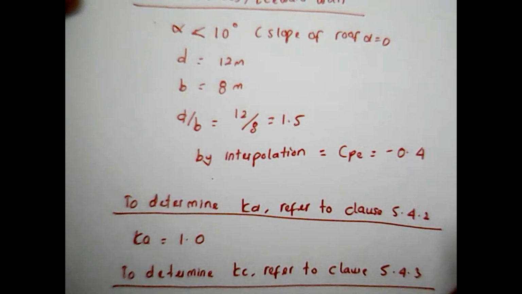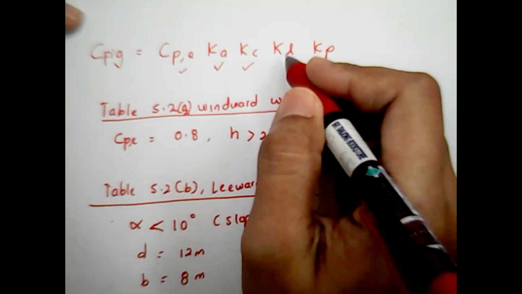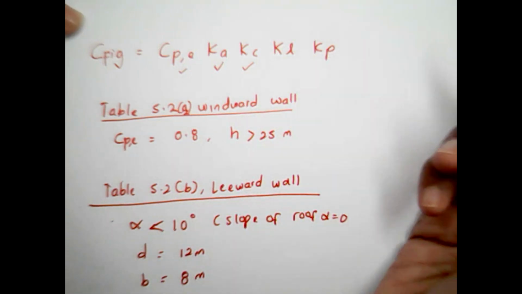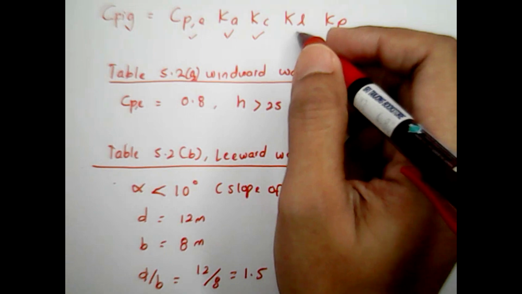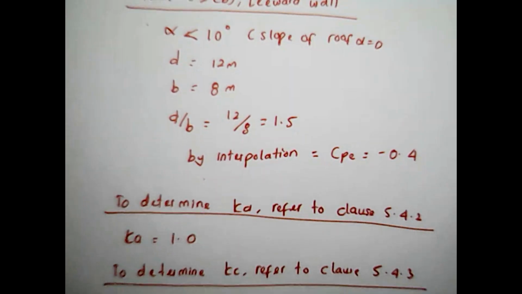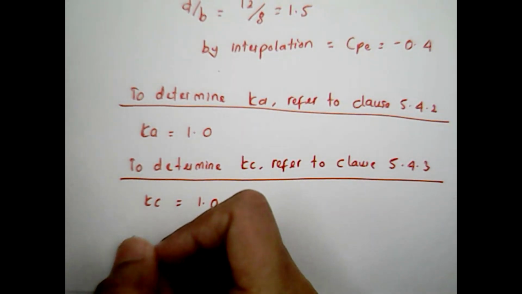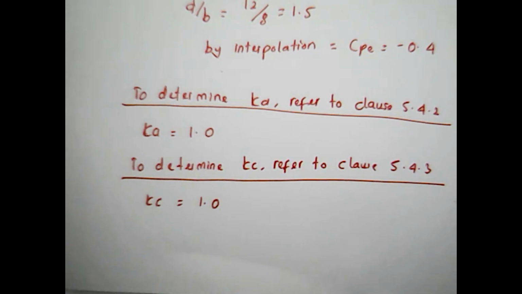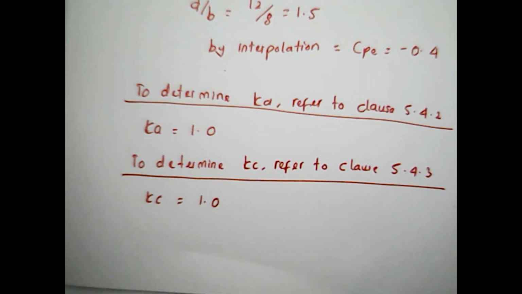Okay, so then we are done for our KC. Now calculate KL. KL is the local pressure coefficient. As explained earlier, the local pressure coefficient is only determined for small areas applicable to cladding, and it is not for a building, as we have explained earlier.